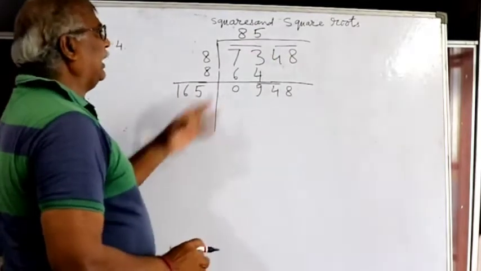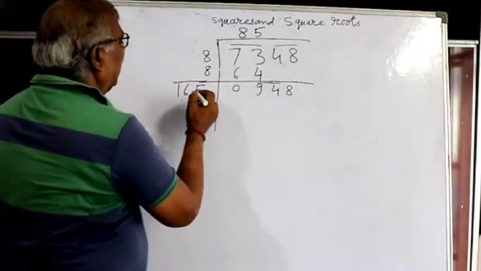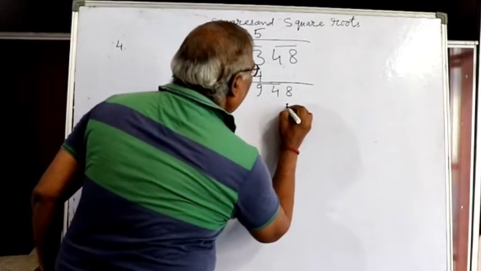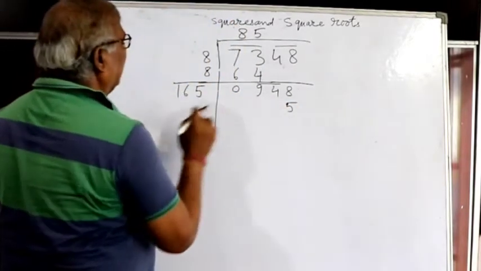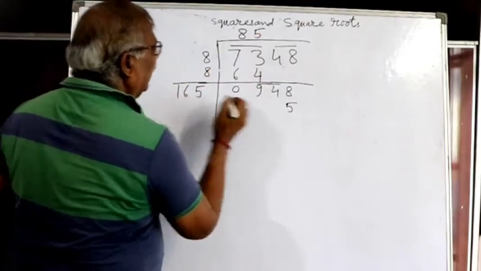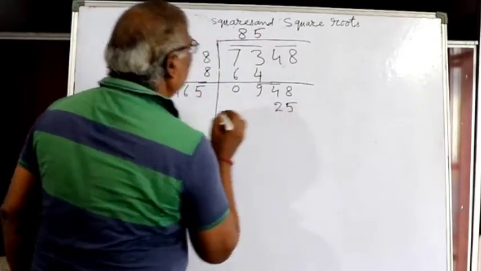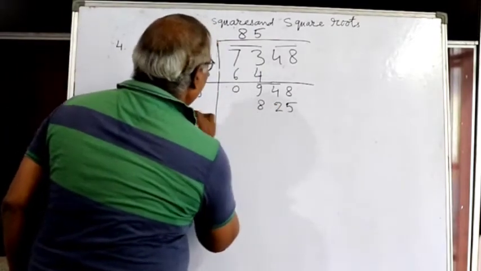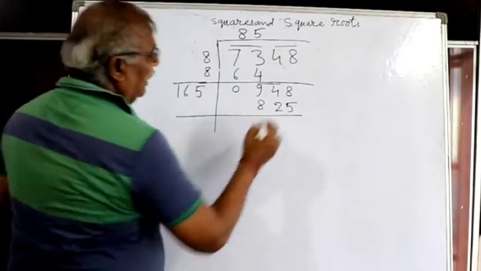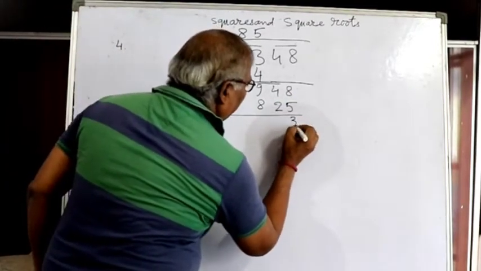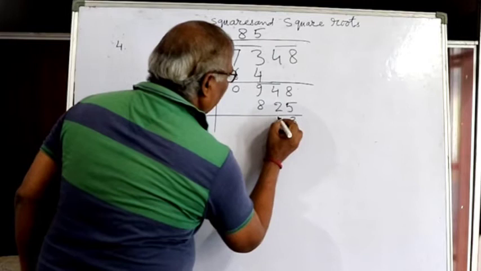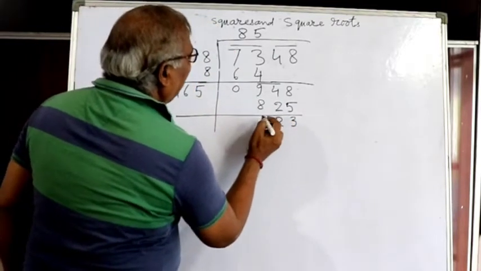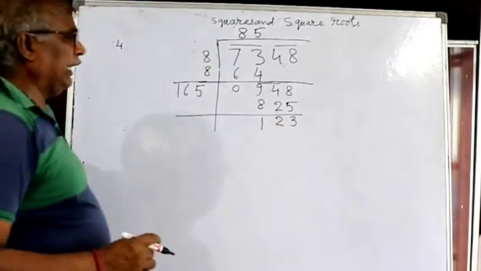Then we will write down here 5 and we will multiply this by 5. 5 5s are 25, 5 carry 2, 5 6s are 30, 30 and 2 32, carry 3, 5 1s are 5, 5 and 3 8. We will subtract 8 minus 5 is equal to 3 and 4 minus 2 is equal to 2 and 9 minus 8 is equal to 1, we get 123.